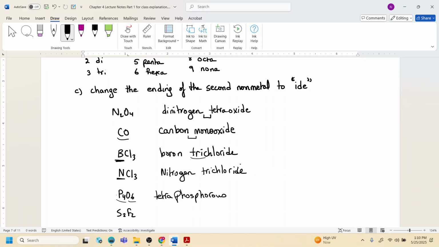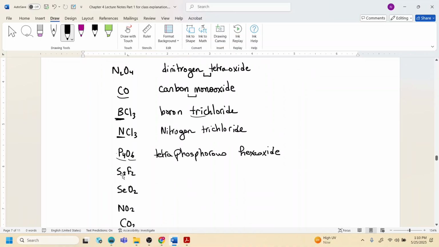And 6 stands for hexa, so it's going to be hexaoxide. So tetraphosphorus hexaoxide. Guys, hexa and oxide, these are one word. There is a space between the tetraphosphorus and the hexaoxide.